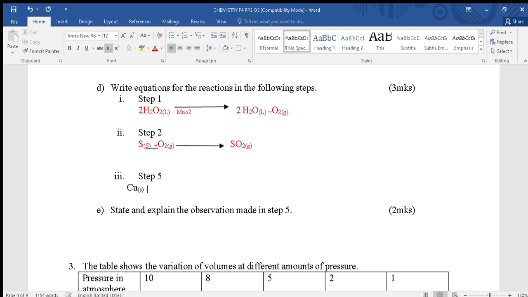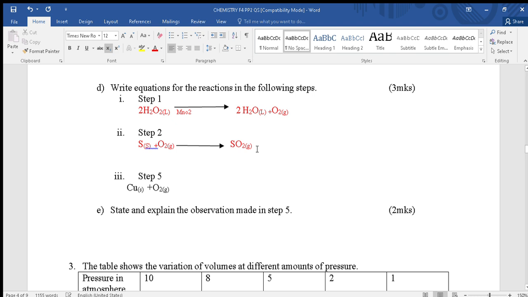And this copper is reacting with what? The copper is reacting with oxygen, which is O2. And this O2 is a gas.